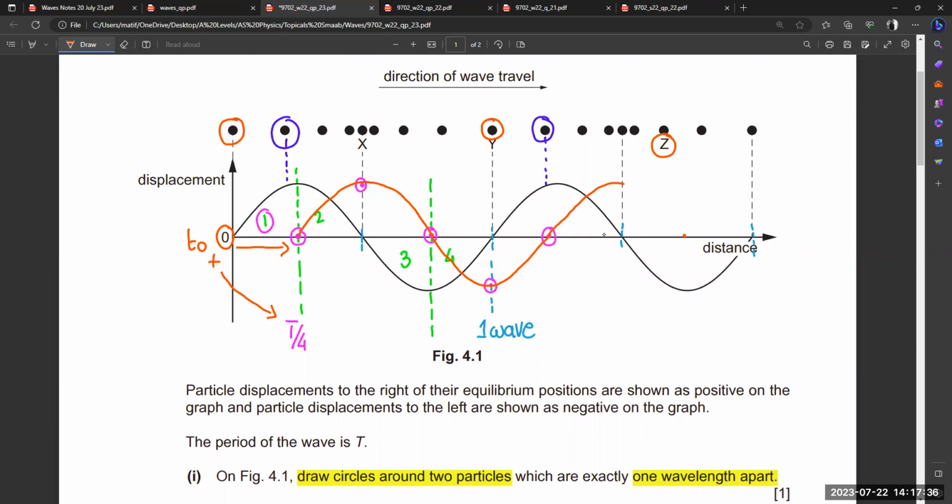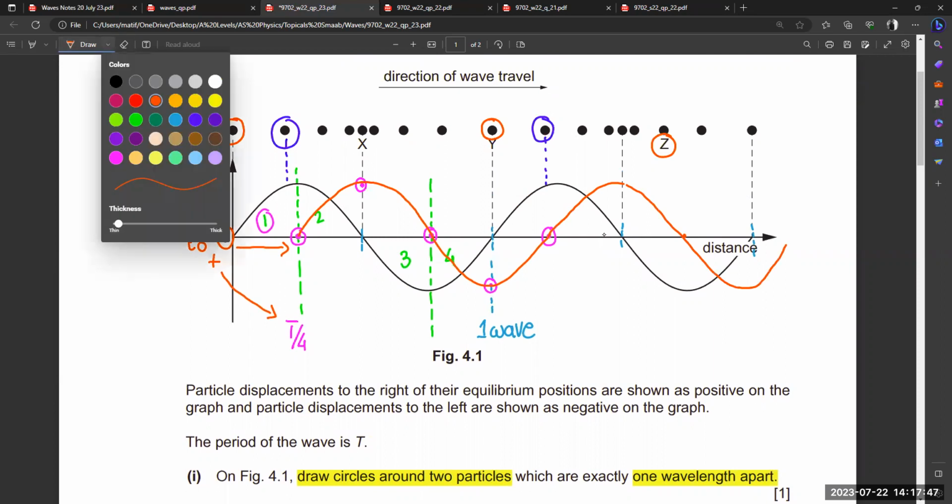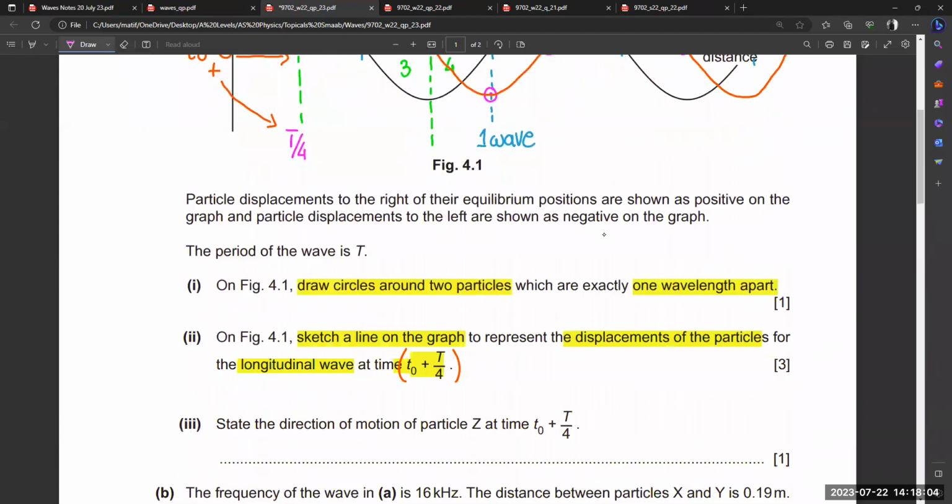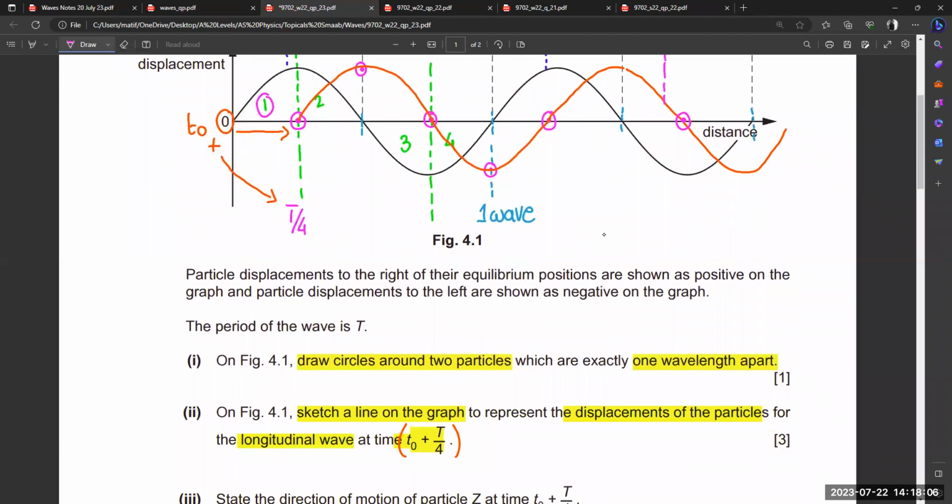So at this point, it will be minimum. Okay, so this is the complete motion of the wave throughout the experiment. So they are asking about this point Z.